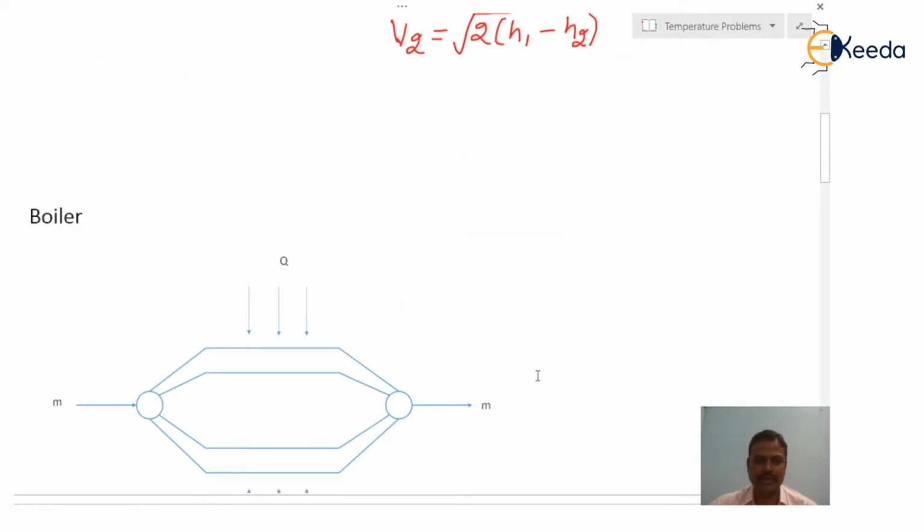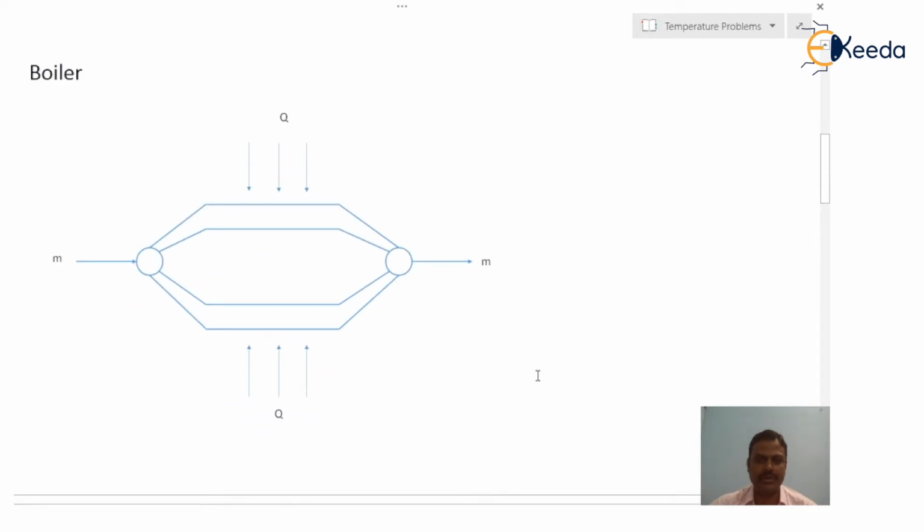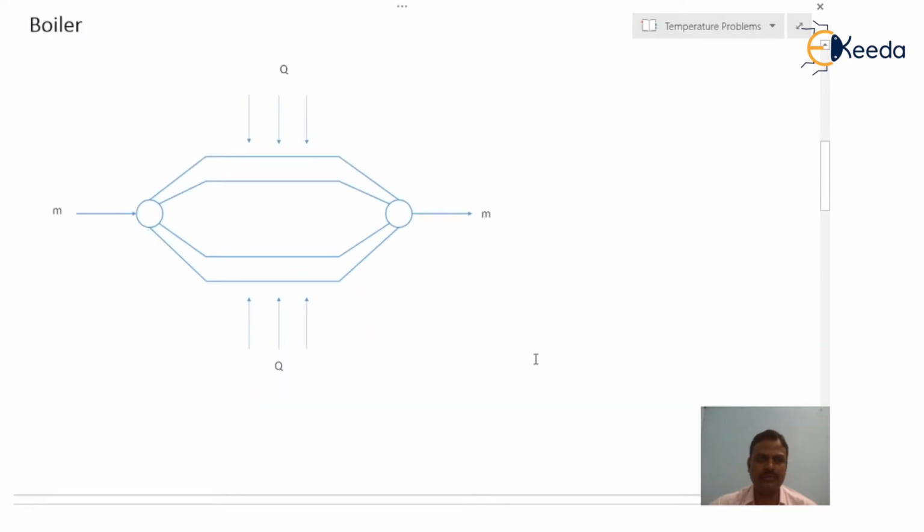Then let us apply the first law of thermodynamics to the boiler. The boiler is a device in which steam is generated by receiving the heat that is produced by combustion of the fuel.